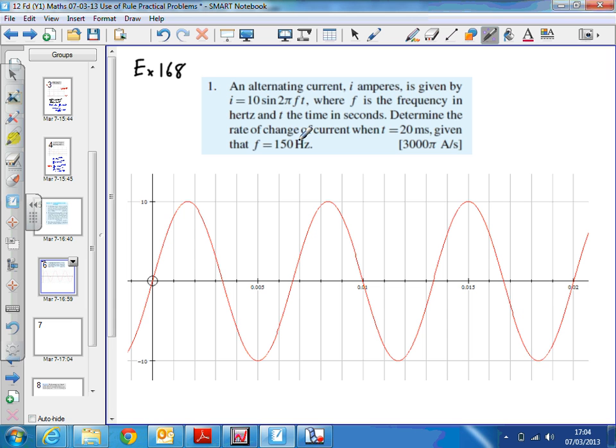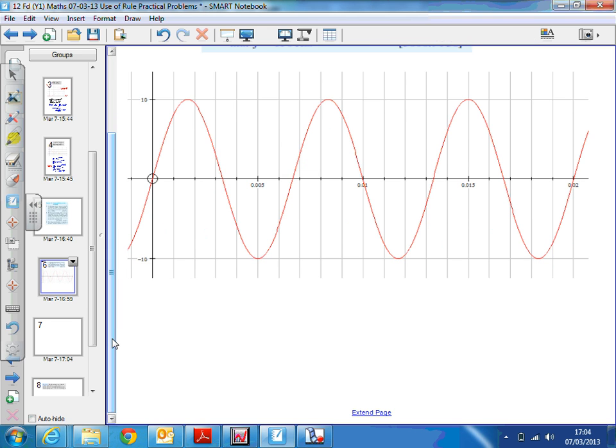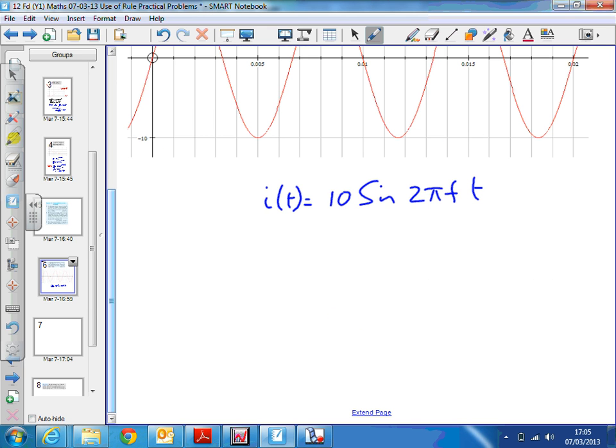So the function is I equals 10 sine 2 pi f t, and the function is time dependent because it varies with time. That's telling me straight away that t is the variable, so this is the number in front of the variable.